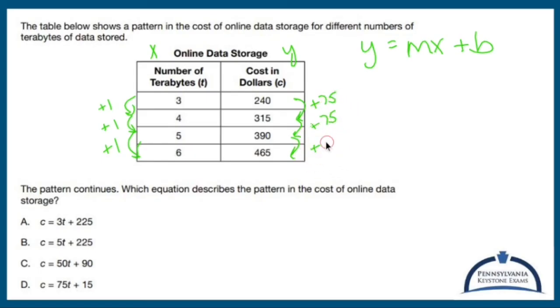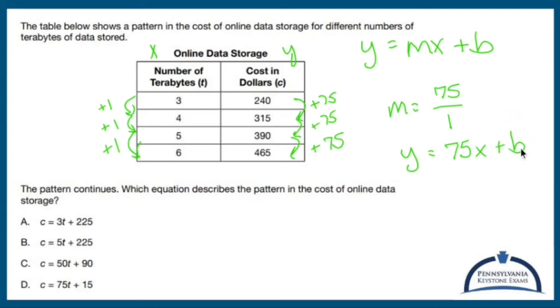So that gives me a slope. My slope is going to be the change in y over the change in x, which is 75 over 1. Okay, so what I have so far is y equals 75 over 1, which is just 75, x plus b.